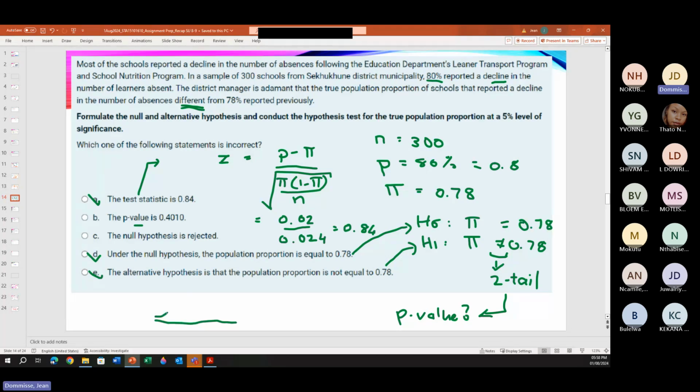So if we must go and get the z value from the z table, 0.84. So I want to get this value.